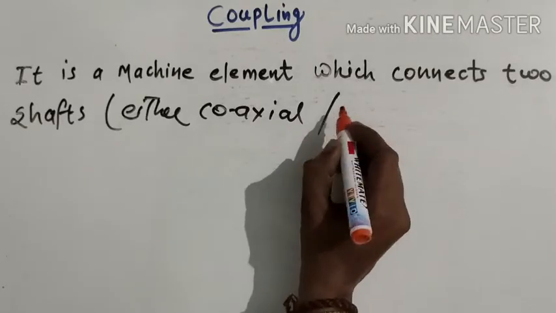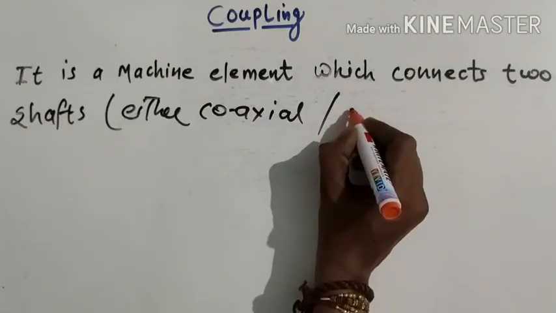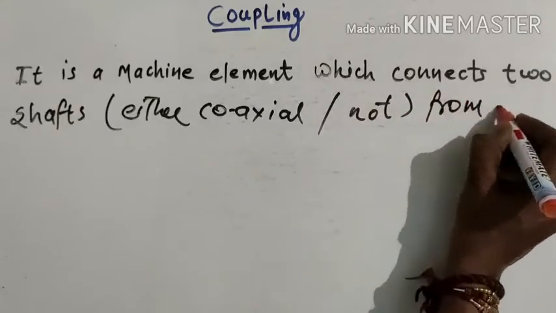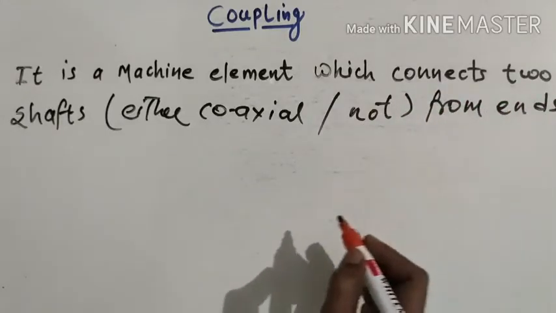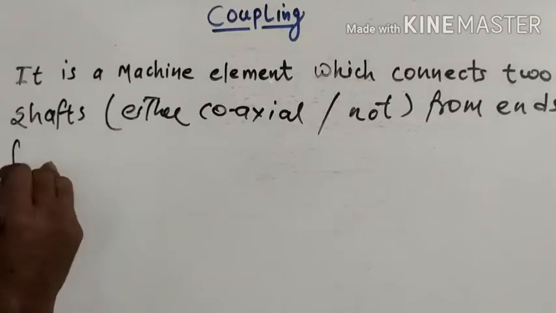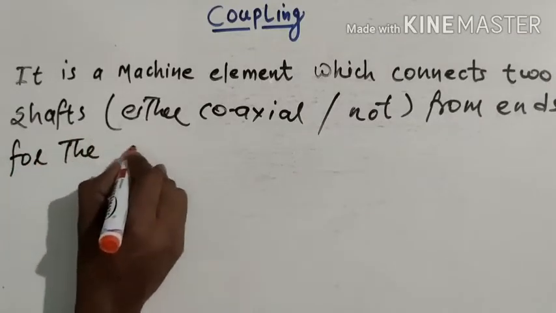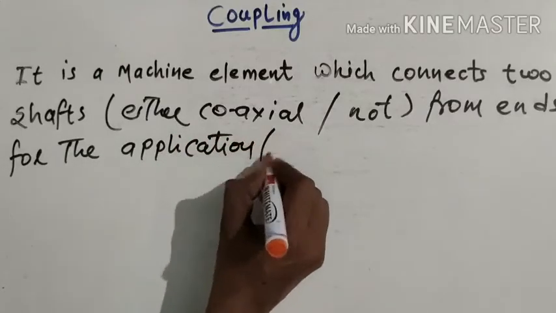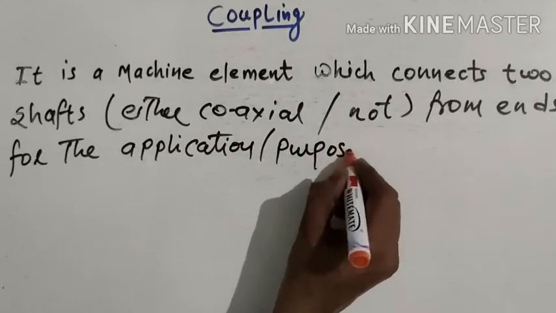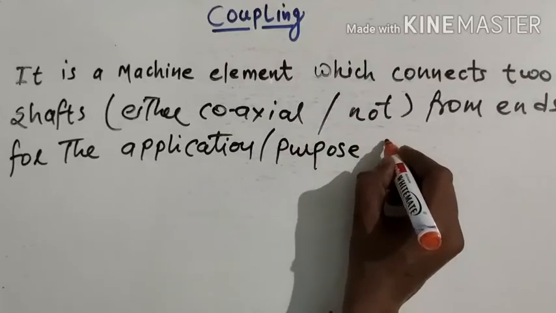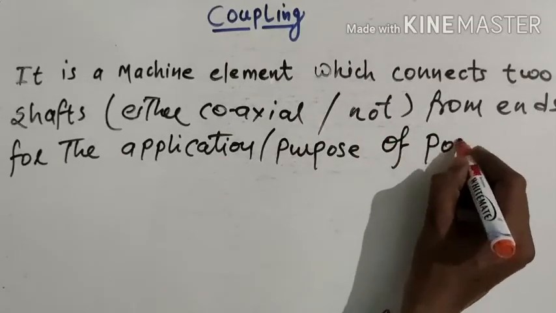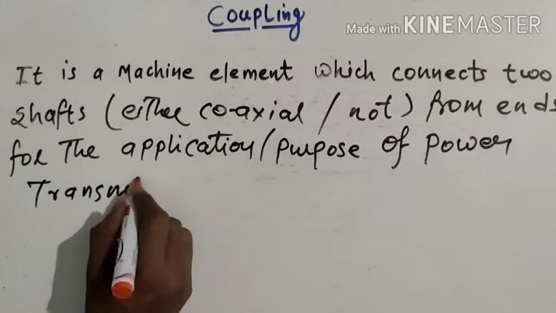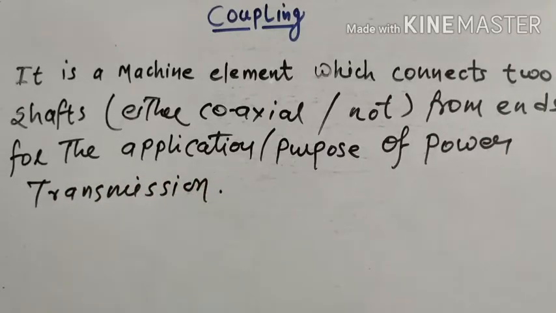So either coaxial or not, from ends, for the purpose of power transmission. So this is a clear definition of coupling.